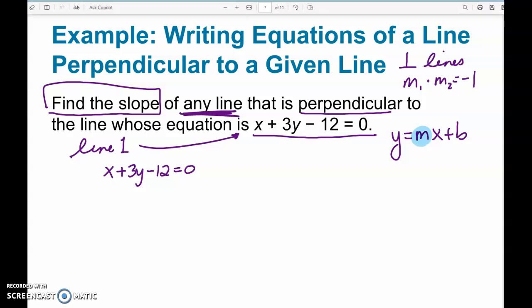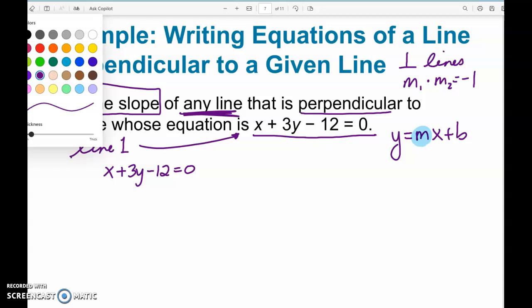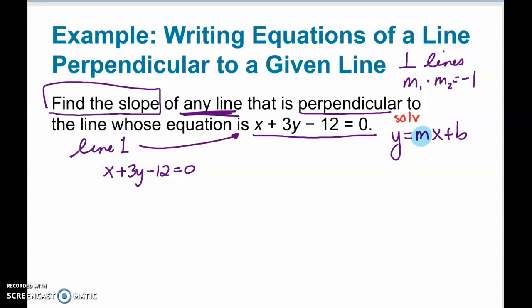In order to put a line into slope-intercept form, you have to solve the equation for y. That means I want to isolate y by getting everything else on the other side of the equal sign. I'm going to start by adding 12.